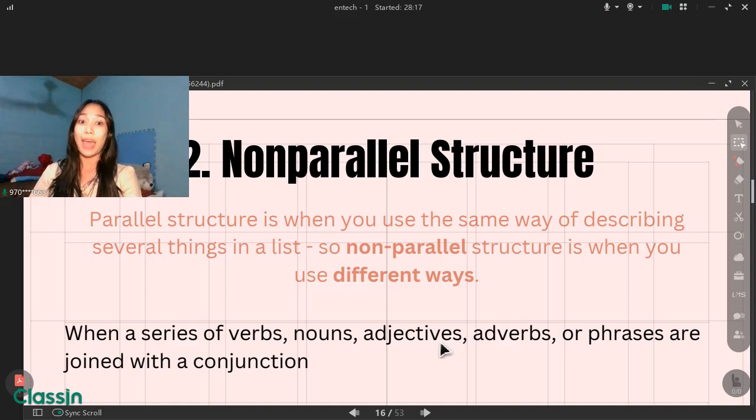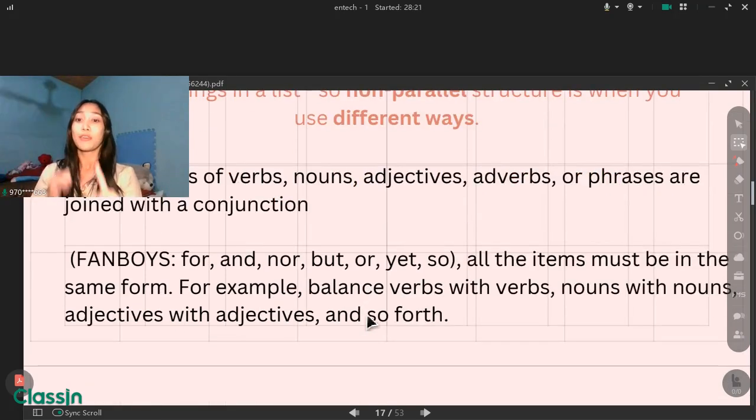It is FANBOYS, an acronym for for, and, nor, but, or, yet, and so. You need to remember that all the items must be in the same form. For example, balance verbs with verbs, nouns with nouns, adjectives with adjectives, and so on and so forth.